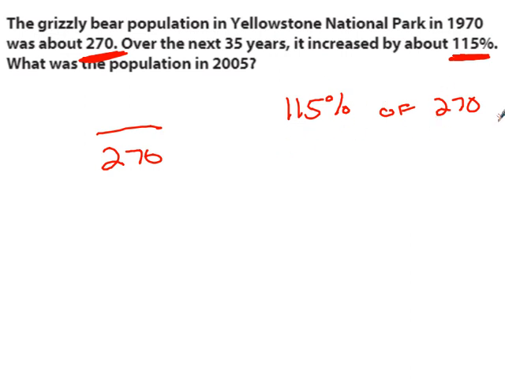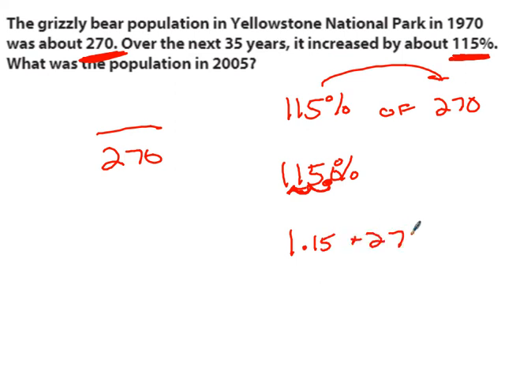And we just do that by multiplying them. If I multiply 115% by 270, it's going to tell me what it is. But as I mentioned before, if we wanted to convert a percentage back over to a number, we have to move our decimal over twice to the left. Because that's 115.0, so I have to move my decimal over twice to the left. So it should be 1.15 times 270.